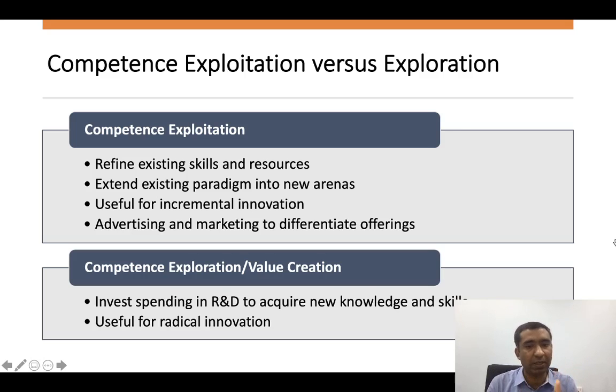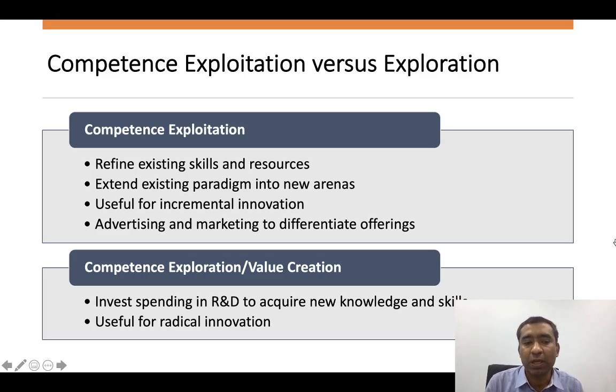That is what we learned in the last class. Incremental innovation is adding new features to the product or services. So you can increase the level of innovation in the product slowly. That is how you can exploit, enhance, or improve your existing competencies.